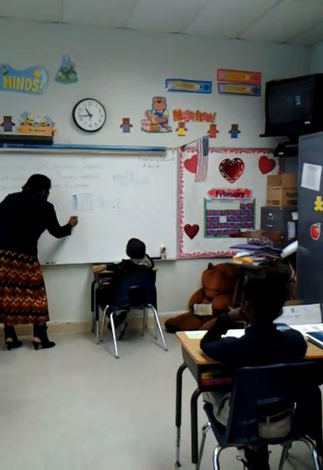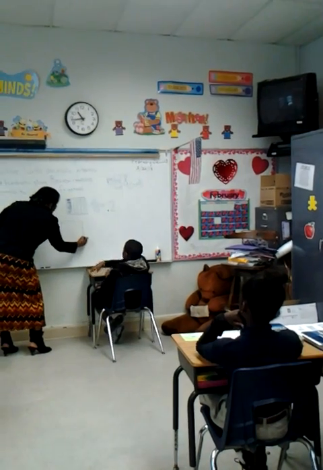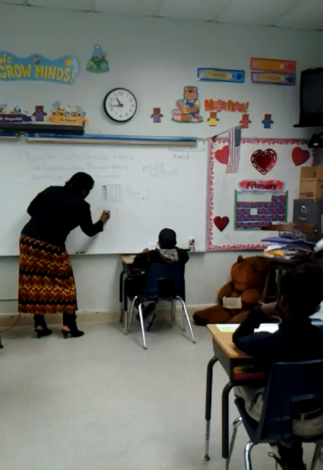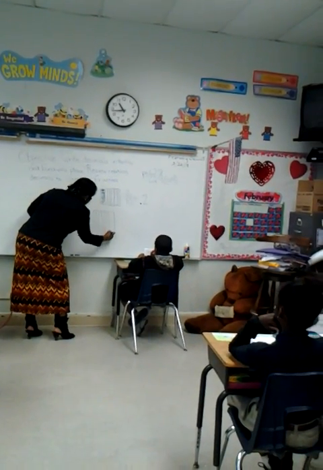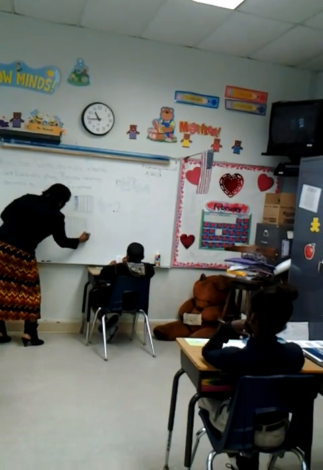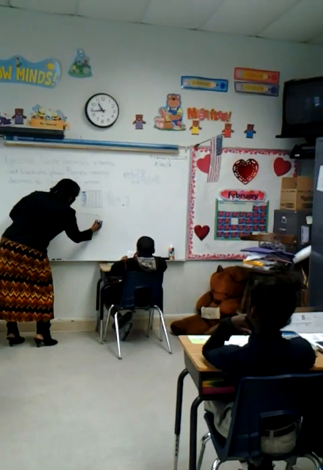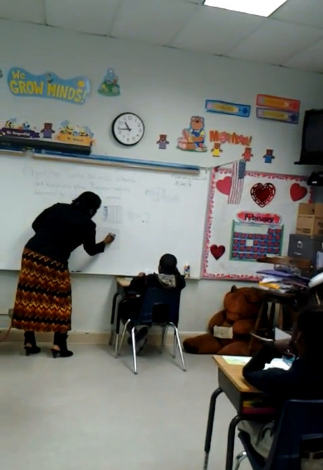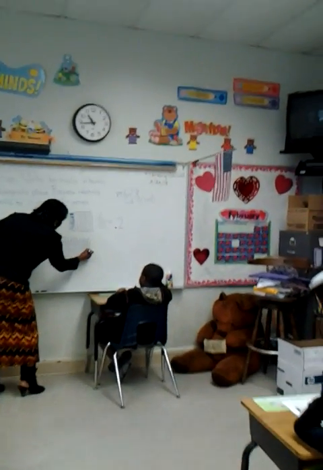Okay, so we got our tenths chart up. I'm going to do a 100 chart. Okay? And what I want you guys to do, I'm going to shade in a few rows, and I'm going to give you a scenario.